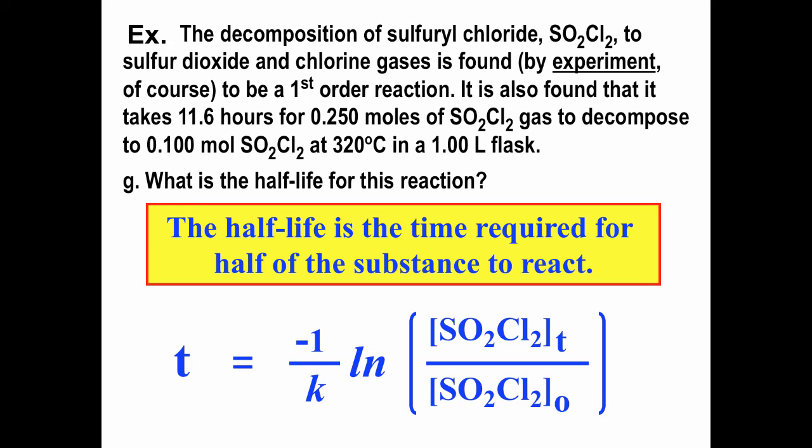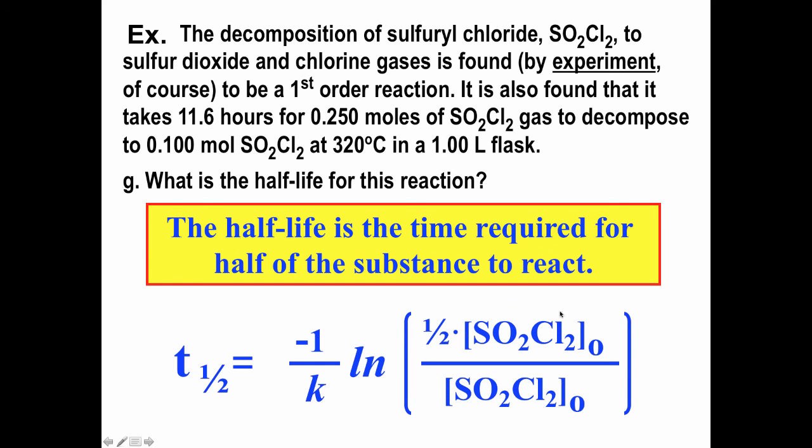In this case, since we've just solved an equation for time, now we want the amount of time it takes for whatever amount of SO2Cl2 we started with to end up having half of that. The half-life is typically symbolized T sub 1/2, and at that time we have 1/2 of what we started with left.